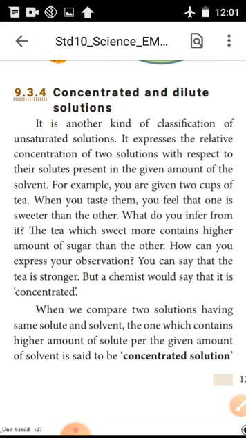If the amount of solute present in a solution is larger, that kind of solution is a concentrated solution. Concentrated means strong. If the amount of solute present in the solution is lesser, the solution will be dilute. Dilute means weak.